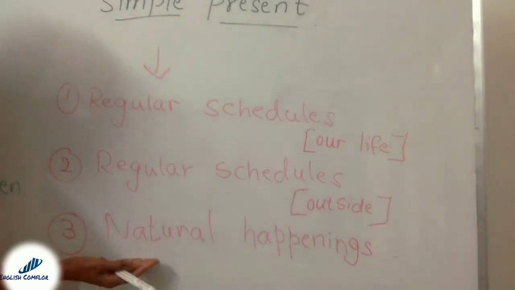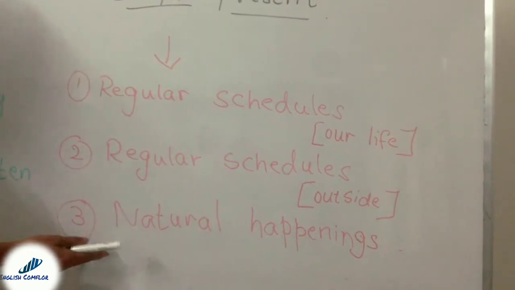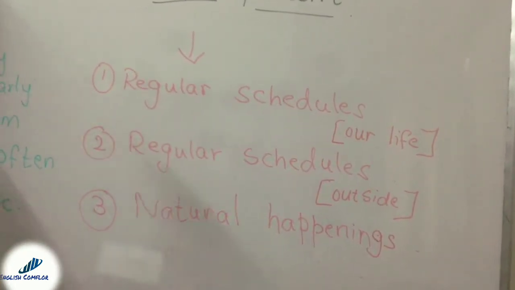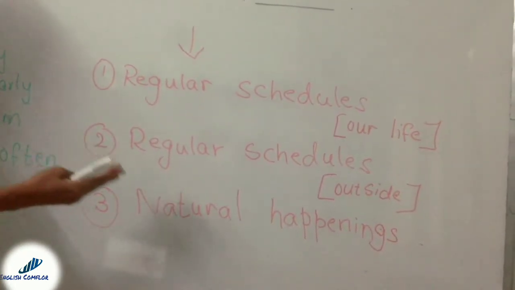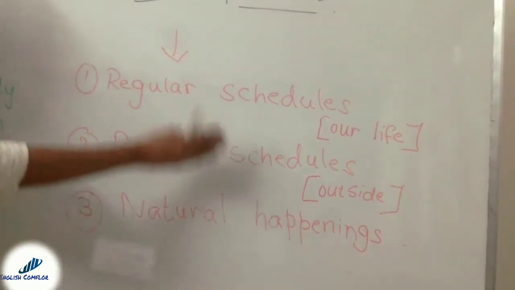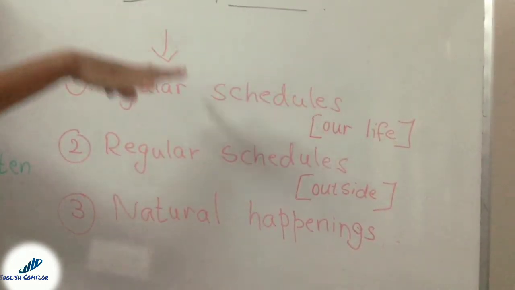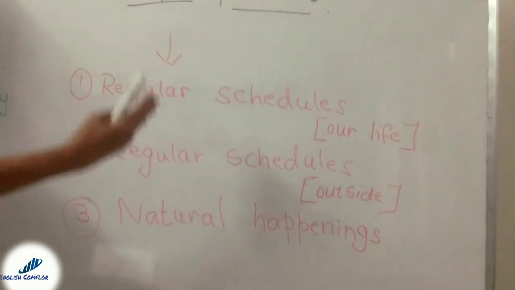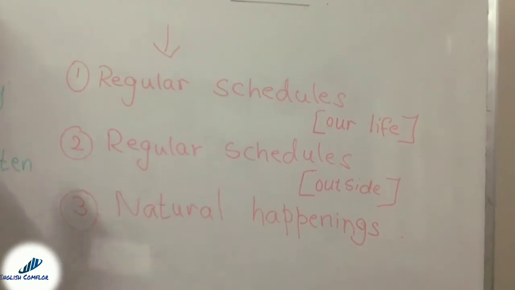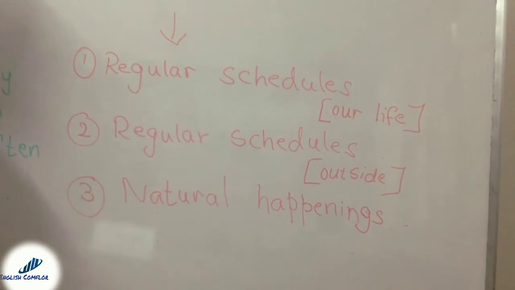Now the natural happenings, like the sun shines, the stars twinkle, it rains during the rainy season, it goes on like that. So these are things which are happening at the moment and which continue on a regular basis, hourly basis, daily basis, monthly basis, like that.